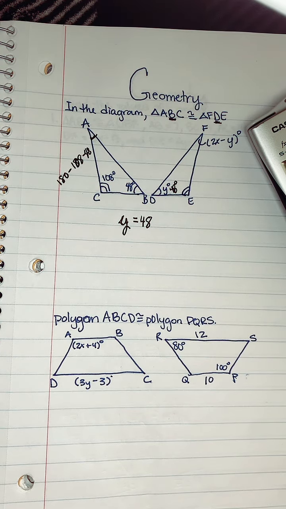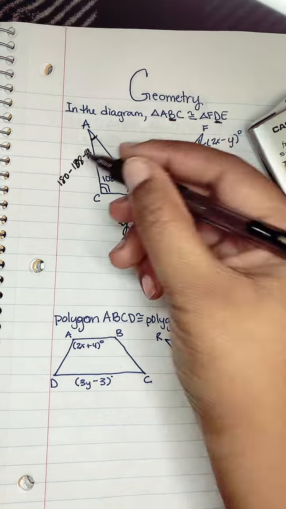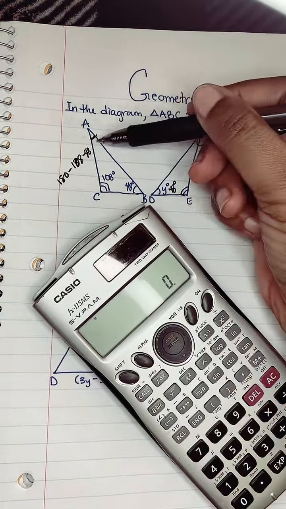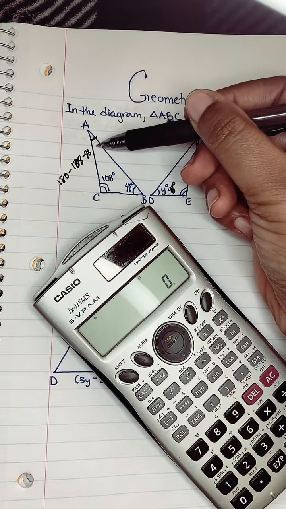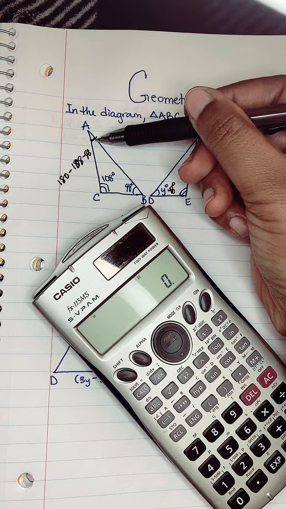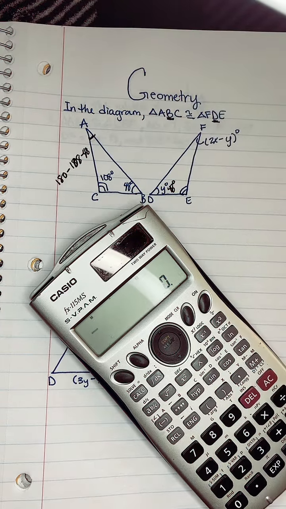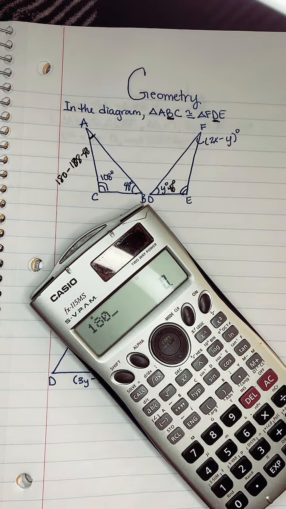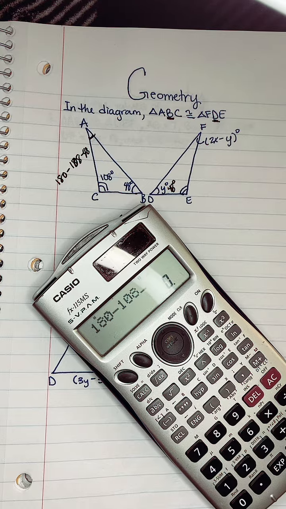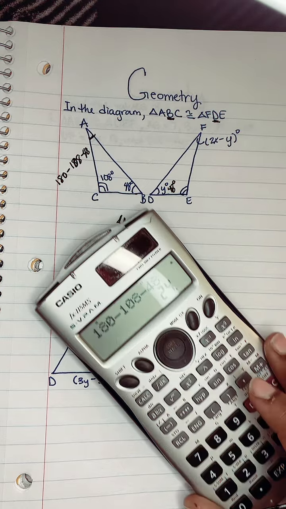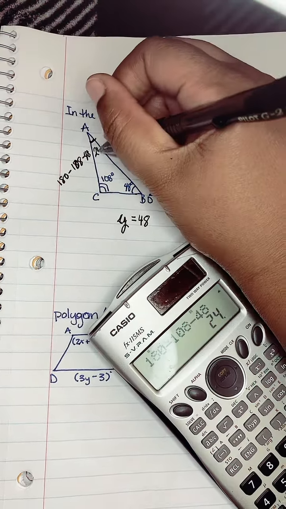But to solve, can't you use that? Yes, Sunny, that's what I was going to say. If we find out what angle A is, we do 180 minus 108 minus 48. We know that this is 24.